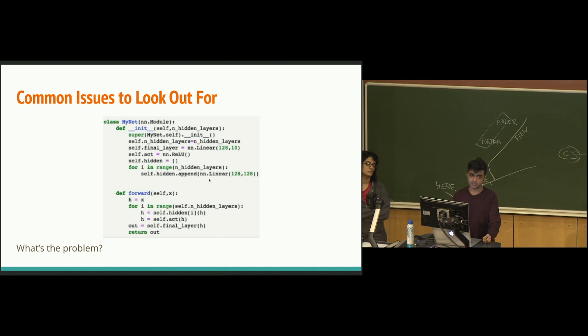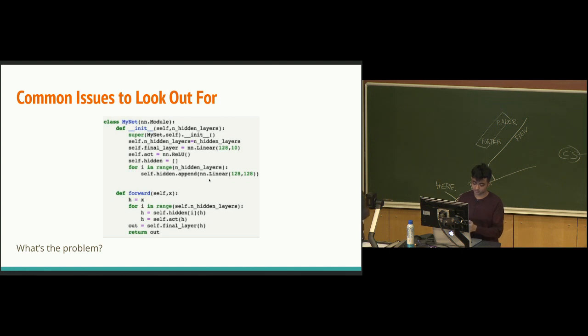As I told you before, in a neural network module, if I have a hidden layer or sequential layer, then the parameters of that submodule would be absorbed into the parameters of the bigger neural network.